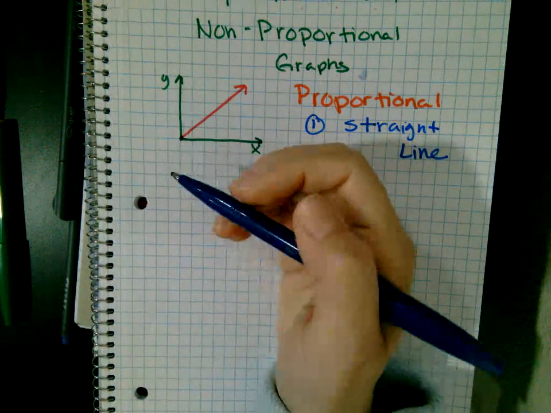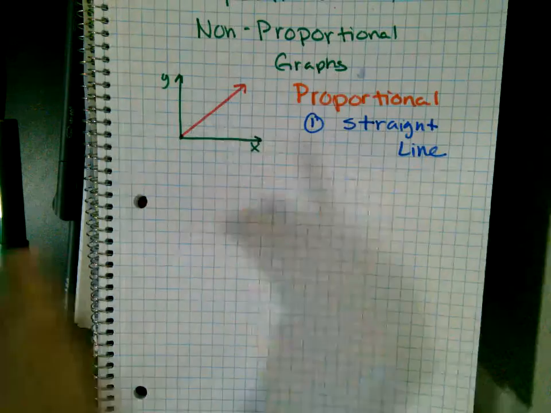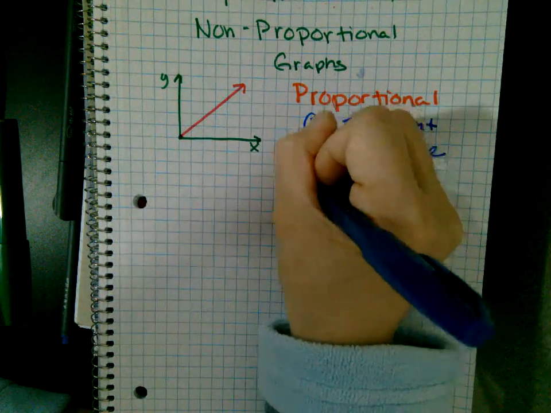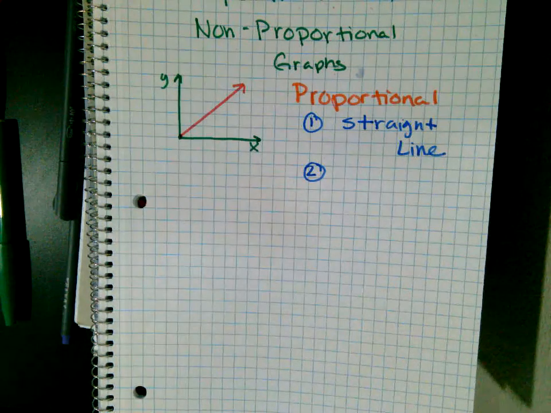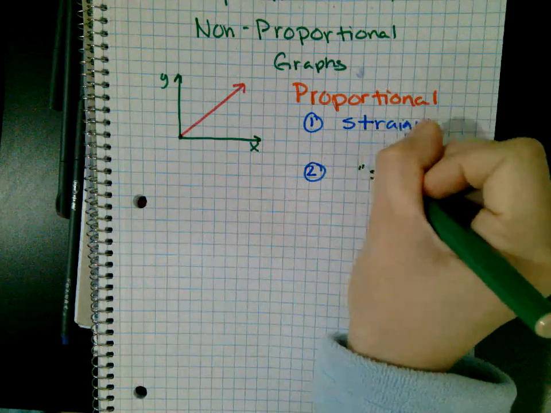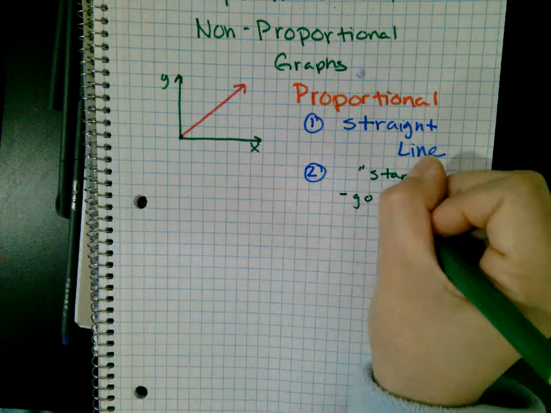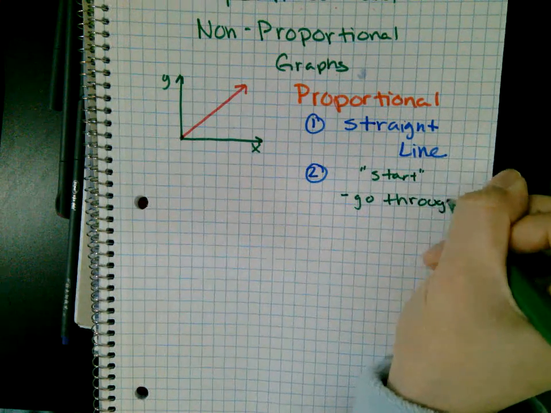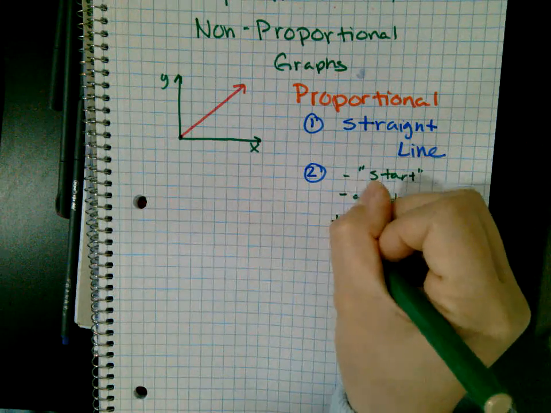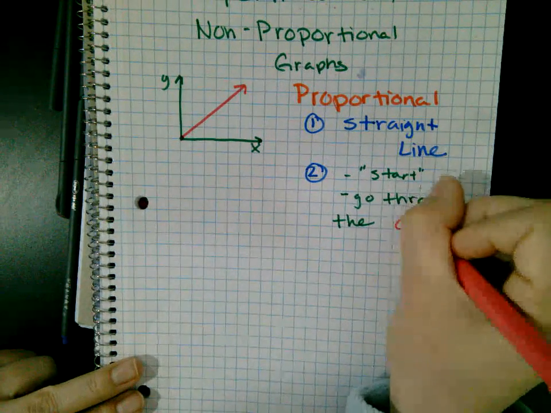When you connected with the ruler, they all lined up in a perfect straight line. It's at an angle, but they all are straight. And the second thing that all of our graphs have in common is that they start or go through what is called the origin.